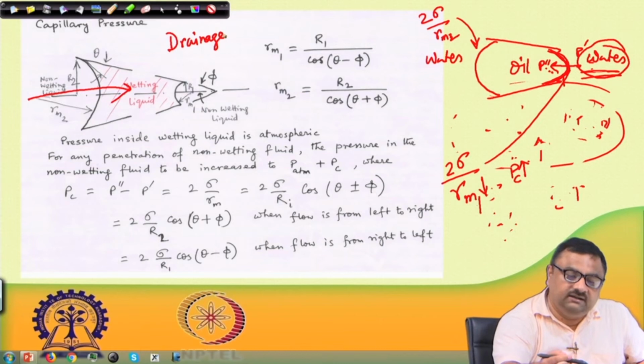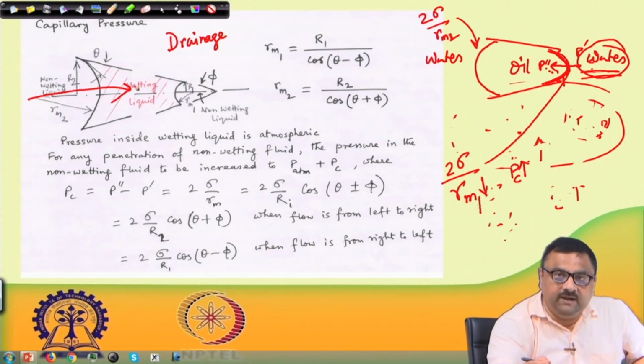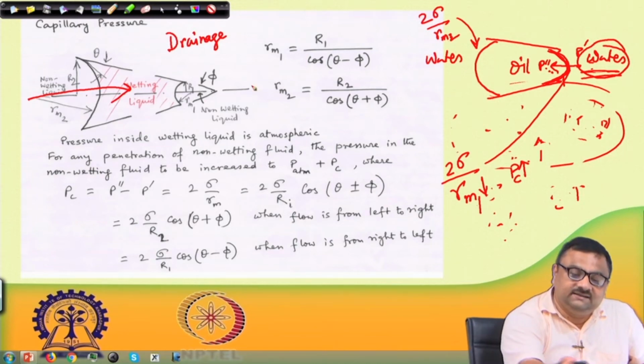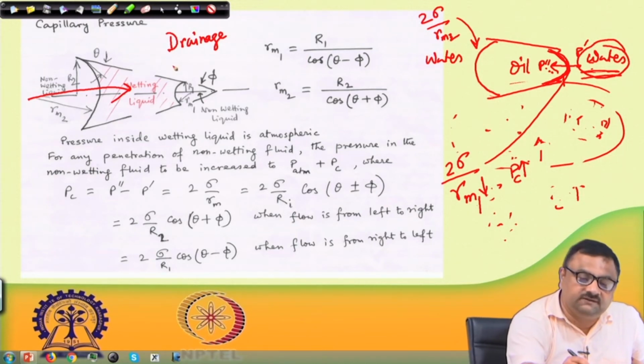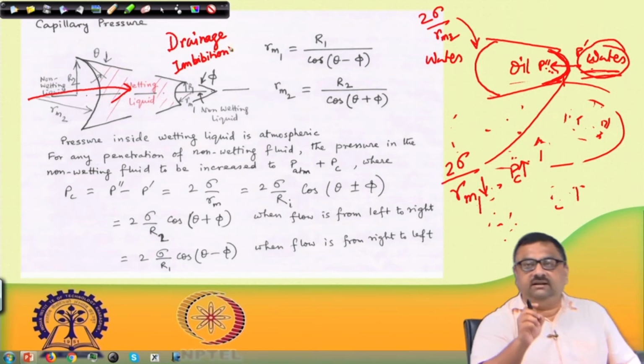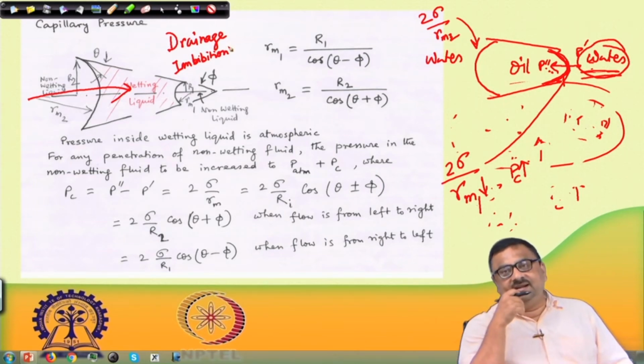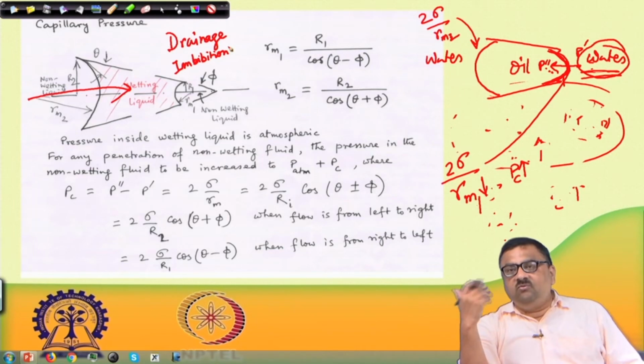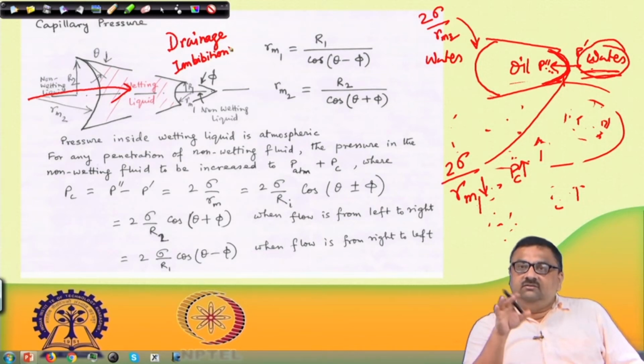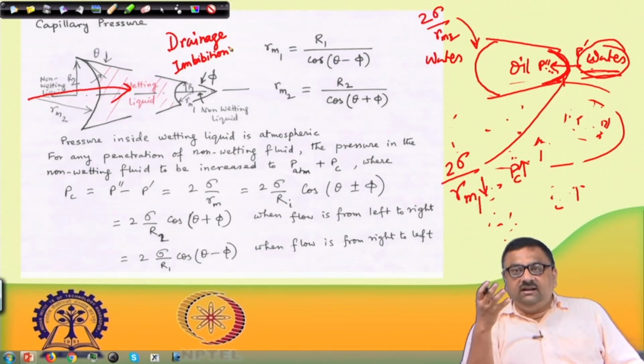On the other hand, when the non-wetting phase is sitting inside and the wetting phase is sucked into the system, that process is known as imbibition. We will define in rigorous terms this drainage process and imbibition process and what their impacts are, but grossly this is what it is. And if the pore is a conical pore, this can change the situation quite a bit.